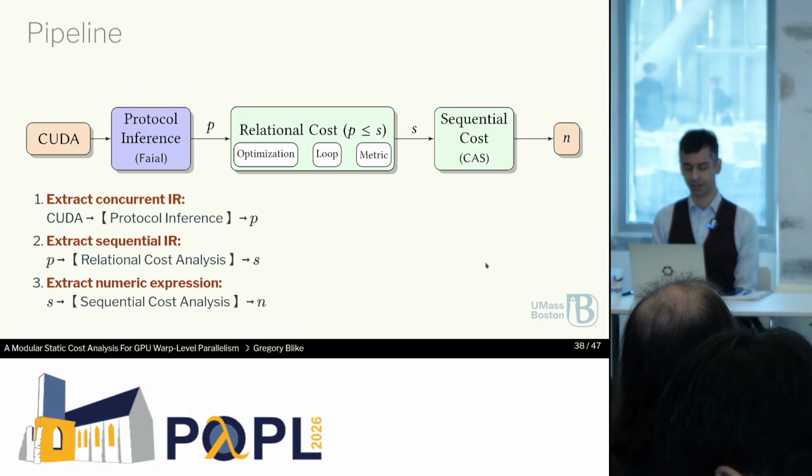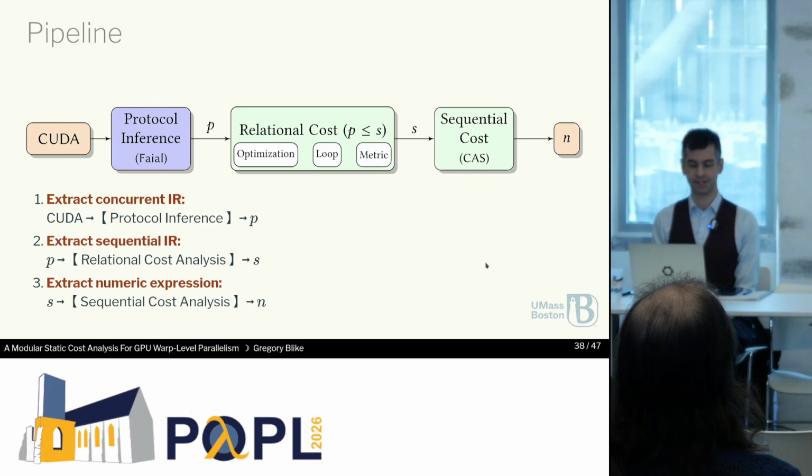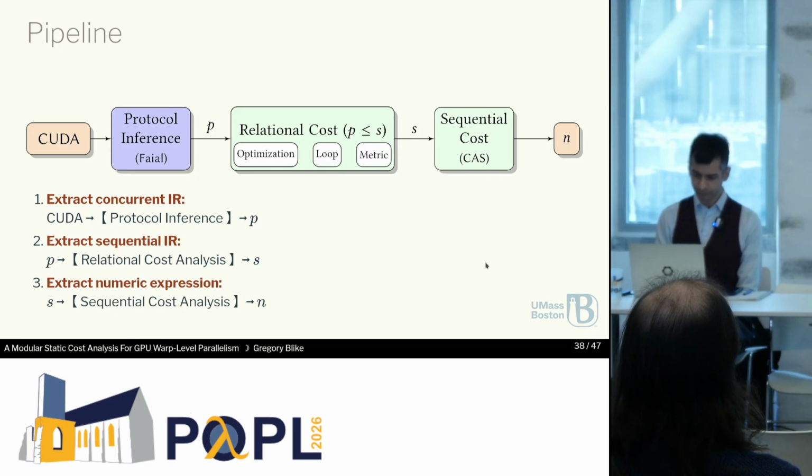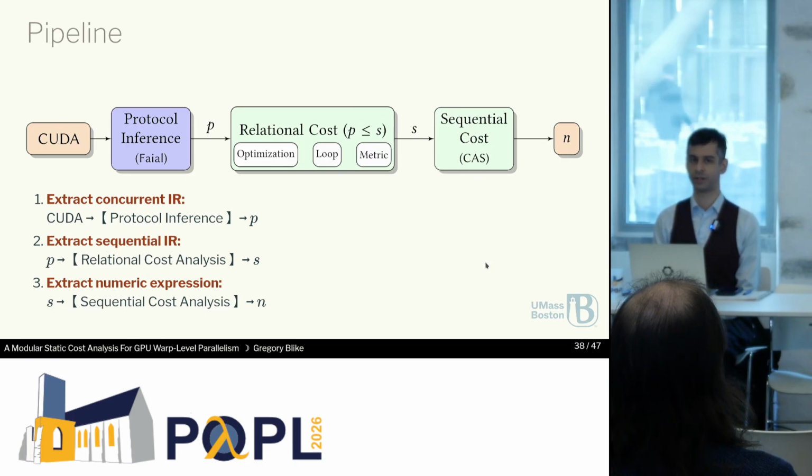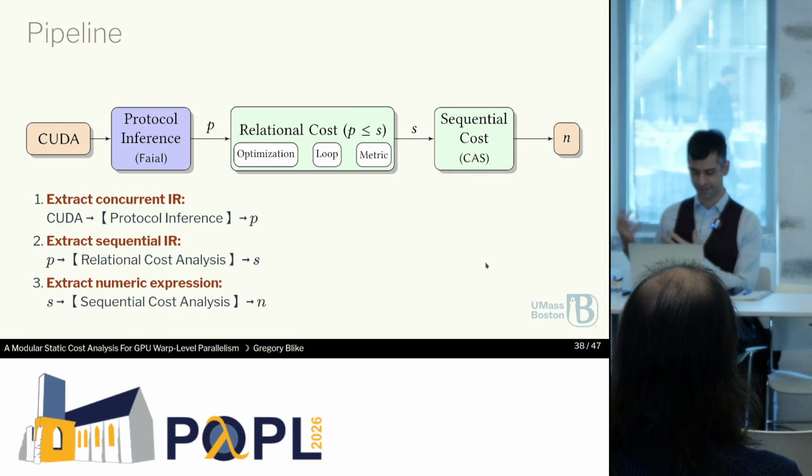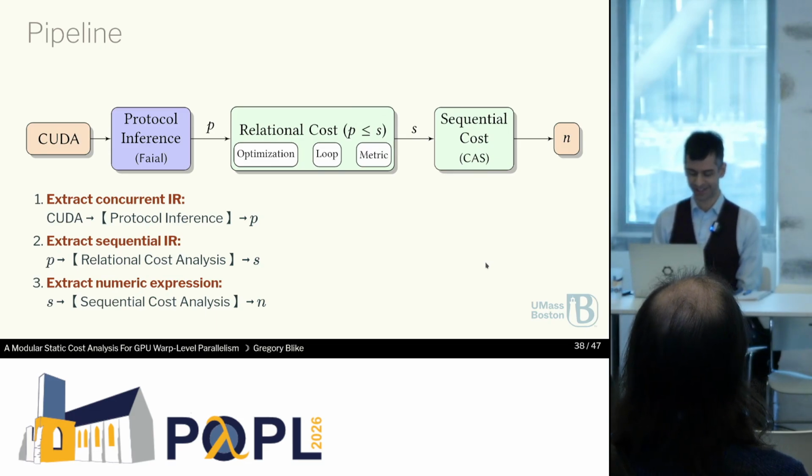And so we built a tool, Pico, which follows a very similar pipeline to what we described earlier, where we analyze a CUDA program, extract it into our intermediary representation, and perform some analysis, which optimizes our intermediary representation and does the loop and metric analysis, both for uncoalesced accesses and bank conflicts, which proves out that we are able to use this type theory.